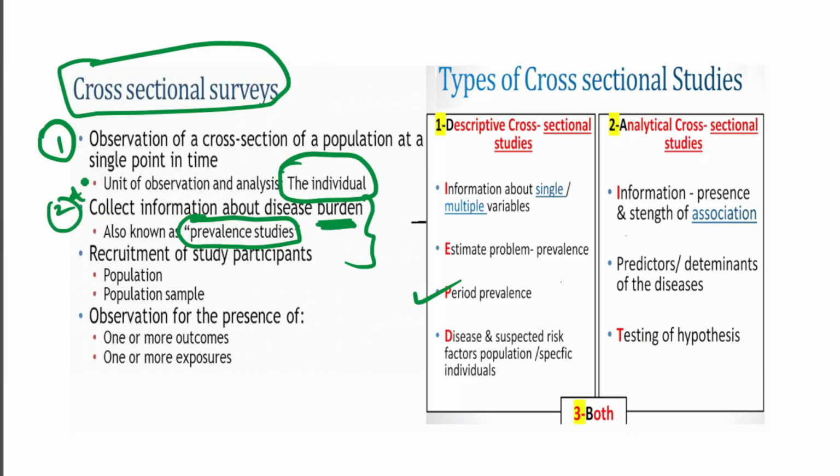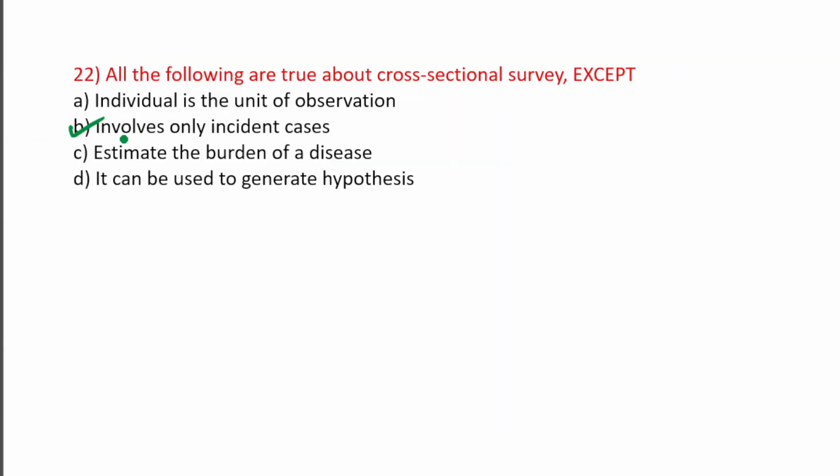So 2 and 3 have been solved. Then the fourth option, it can be used to generate the hypothesis. So it can be used for generation of the hypothesis in the cross-sectional study. So therefore the option number 2, that is the involvement of incident cases, is a wrong statement.